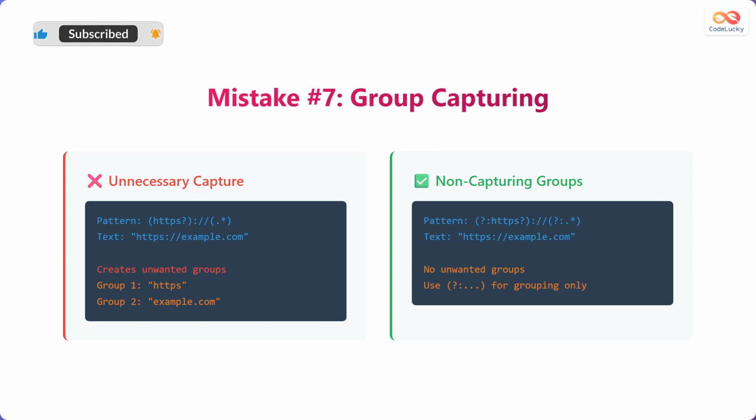On the right, the pattern (?:https?)://(?:.*) uses non-capturing groups. The ?: syntax tells the regex engine not to capture the group, avoiding the creation of unwanted groups.